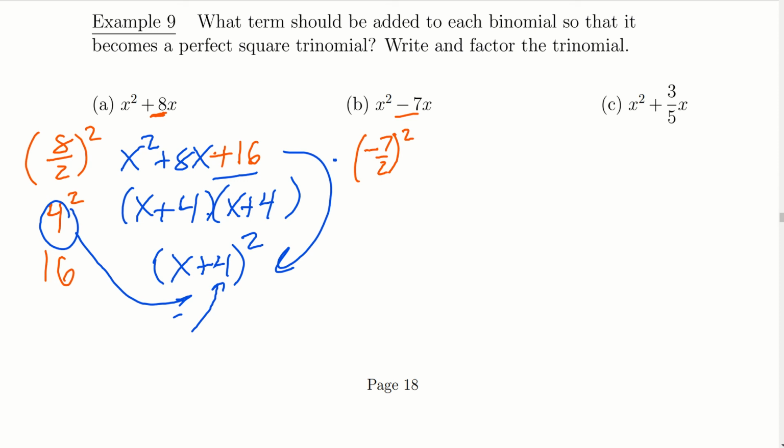And then when we square it, we multiply it by itself. -7 over 2 times -7 over 2 should be 49 over 4. So to make a perfect square trinomial, we would need to add the completing the square number 49 over 4.